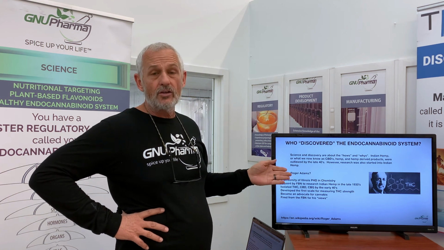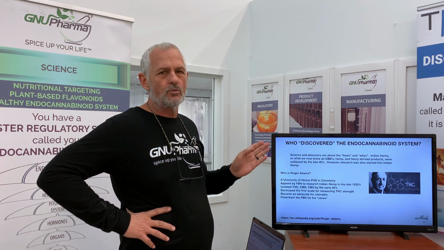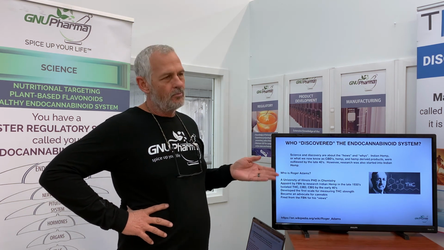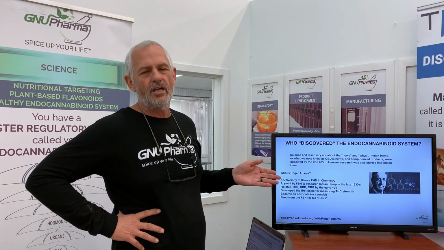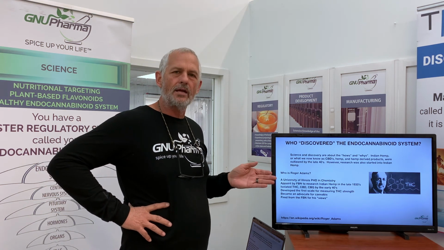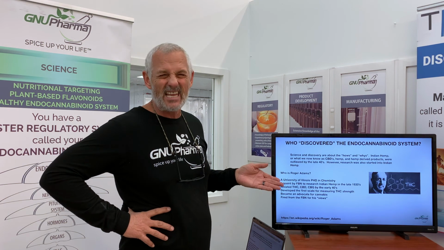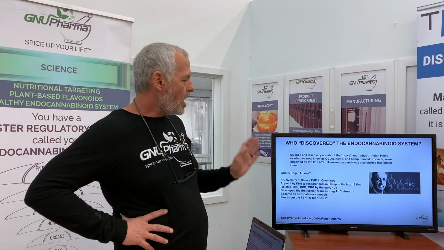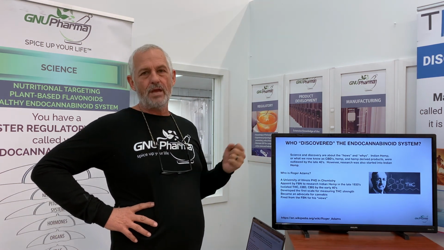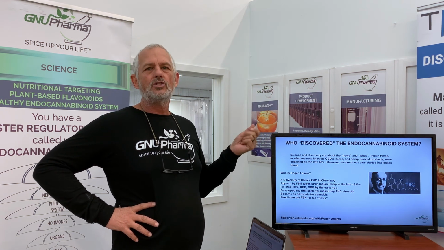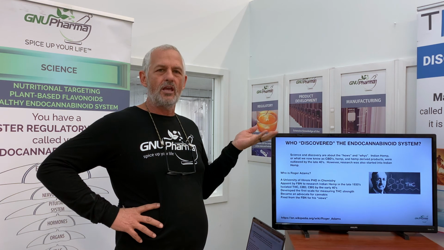But the next round of experiments really started in the 40s with a gent named Roger Adams. Roger Adams was hired by Harry Anslinger, who was the head of the Federal Bureau of Narcotics, to characterize marijuana, but kind of demonize it, right? Adams went on and discovered CBD, CBG, and most of the constituents in cannabis; CBN was already discovered.